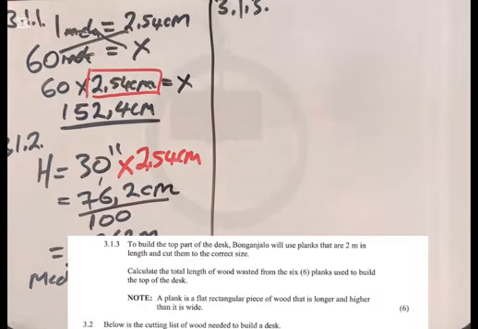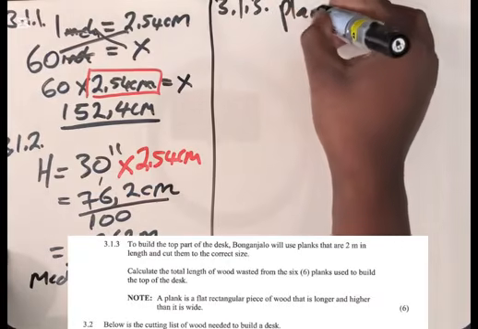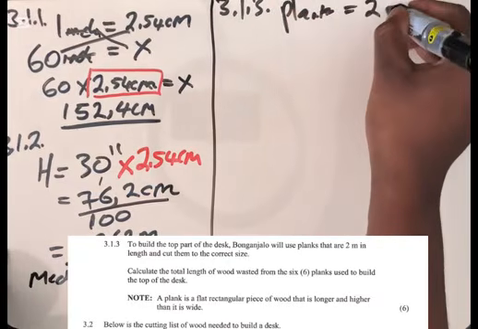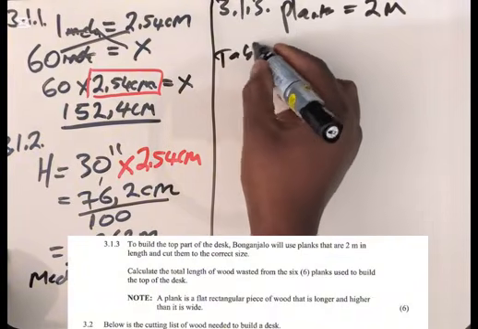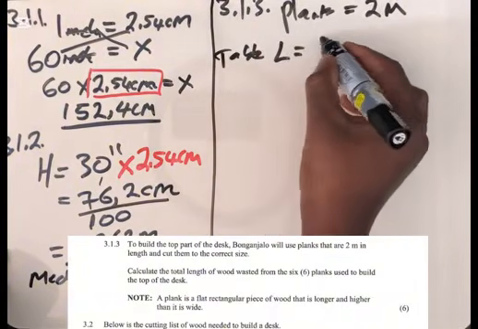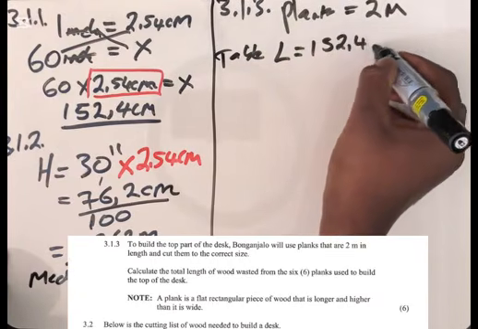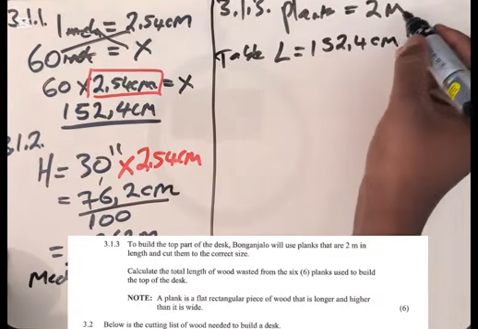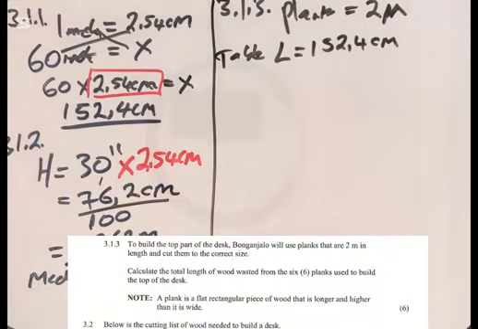We must convert the length to meters because we are given 2 meters here. Don't forget, a plank is equal to 2 meters, and the table length is 152.4 centimeters. Units are not the same; we have meters and centimeters. Let's convert everything to the same units.